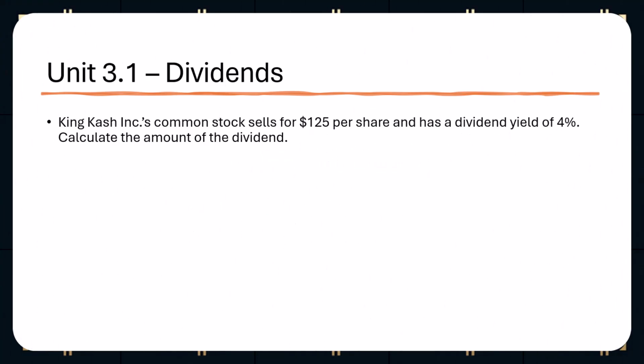King Cash Inc.'s common stock sells for $125 per share, and it has a dividend yield of 4%. Calculate the amount of the dividend. Well, recall that the equation for the dividend yield is simply the dividend that will be received in 1 year divided by the current price per share.